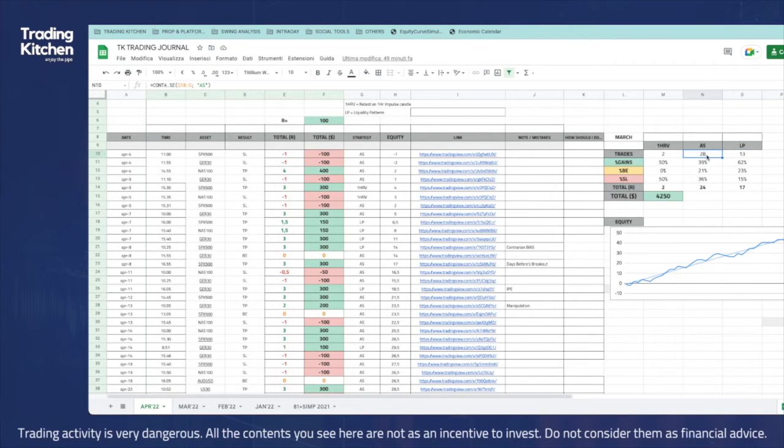Look at this strategy. Only 39% of the trades that I opened with this strategy went to profit, and for this strategy, the win rate is 62%, which is high. So this strategy is overperforming this month.